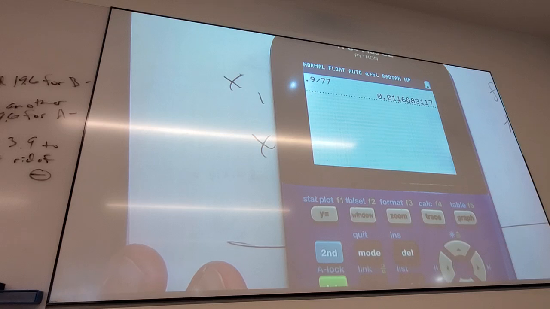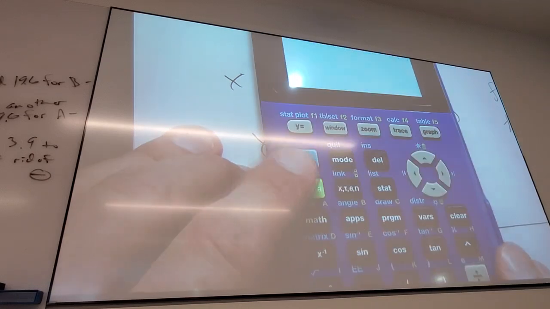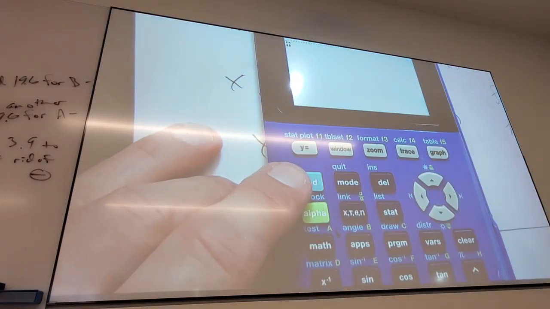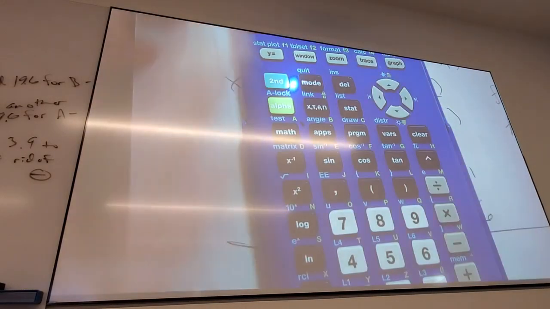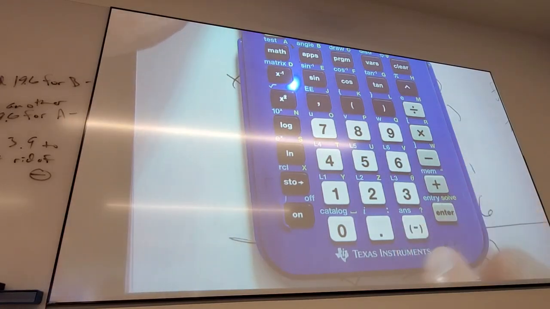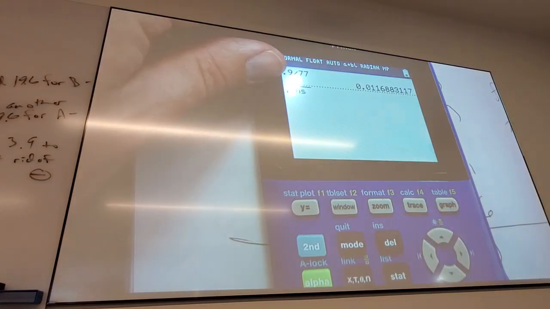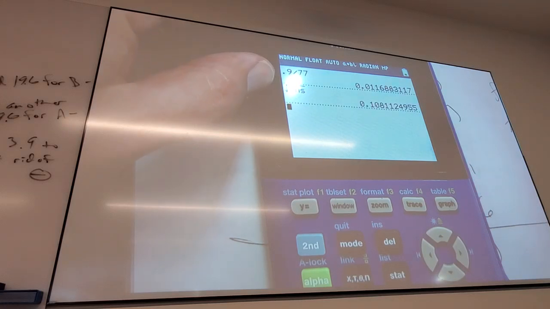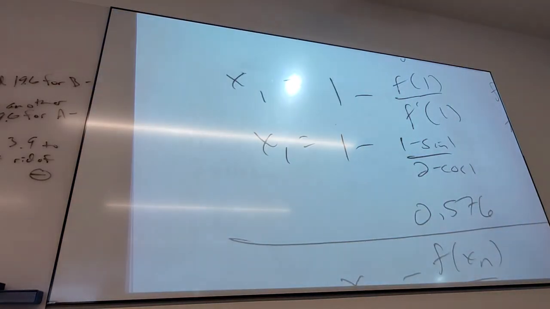Now, let's say I want to take the square root of that, and I don't feel like writing all those digits. We've talked about this before, but does anyone remember I could do the square root of answer? This button is what's going to make Newton's method stupid quick. It takes the last thing that was on the screen and plugs it into this function, so I don't have to write all the digits.